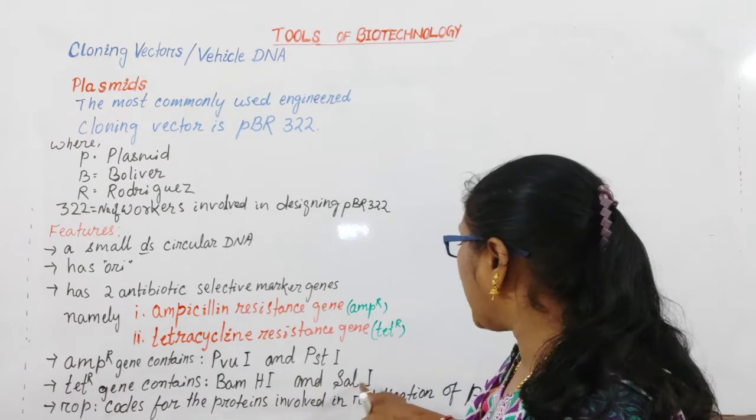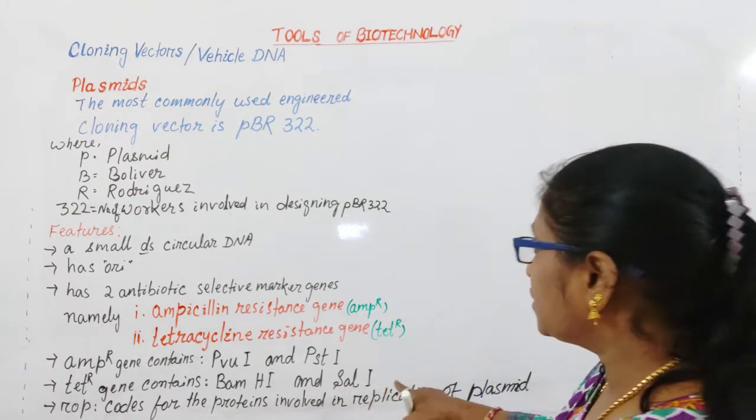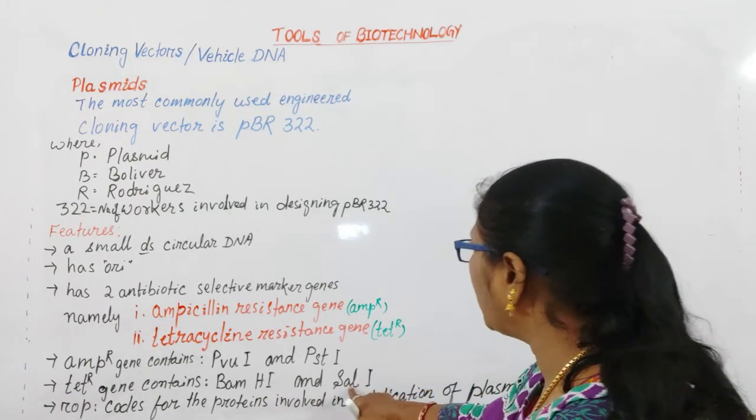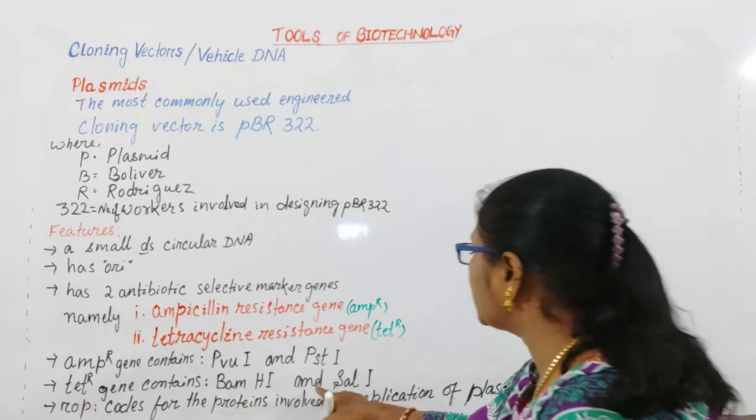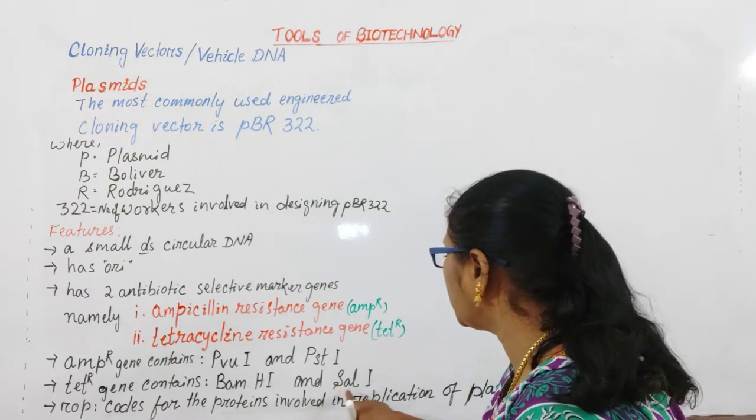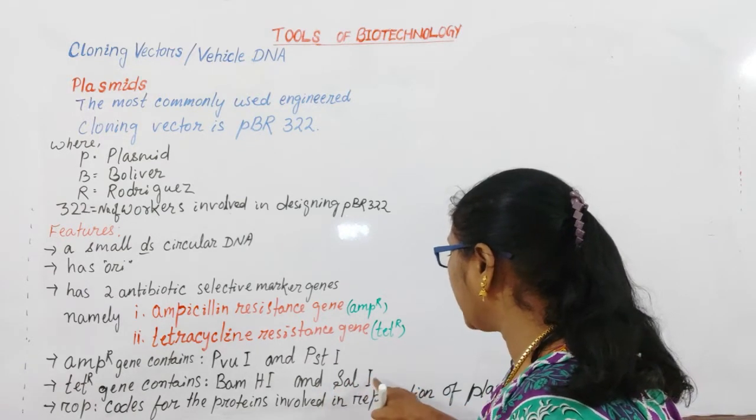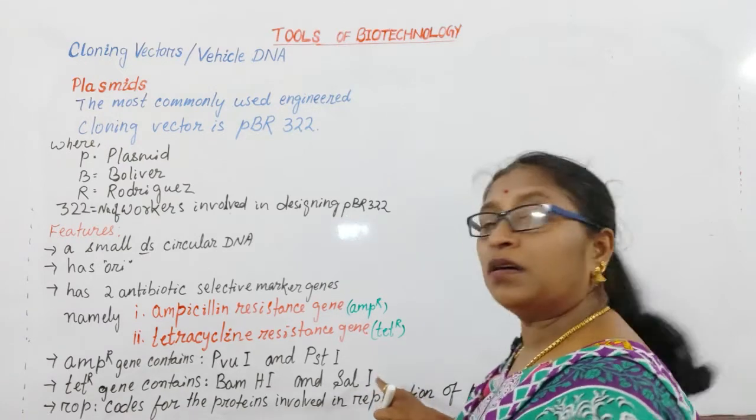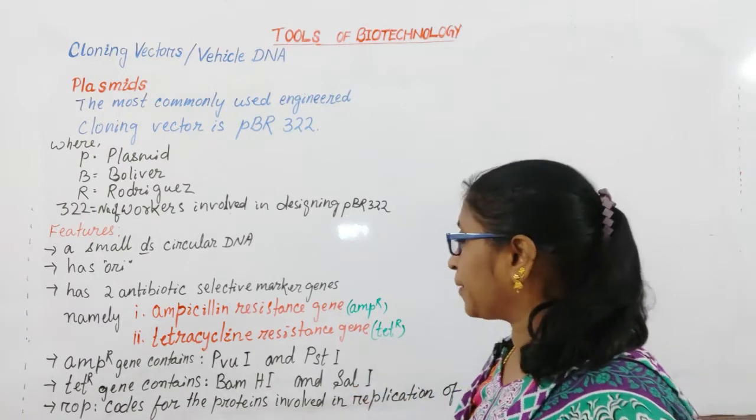SalI is from Streptomyces albus: al comes from the species, and the number is written in Roman numeral 1.